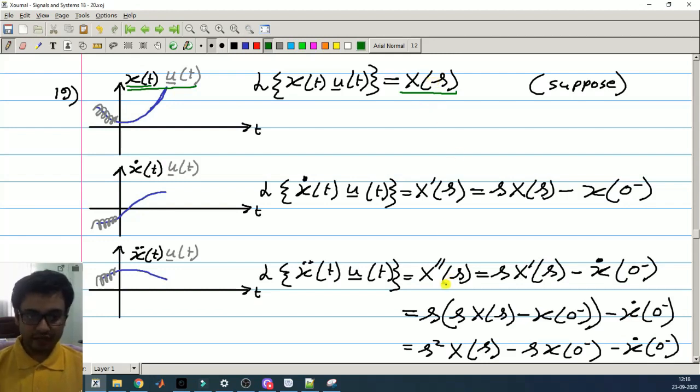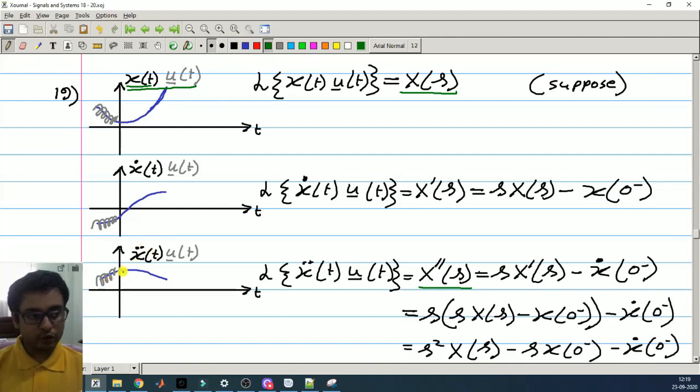In the same way, here if you calculate the Laplace inverse of X double prime s, you will not get back x double dot completely.